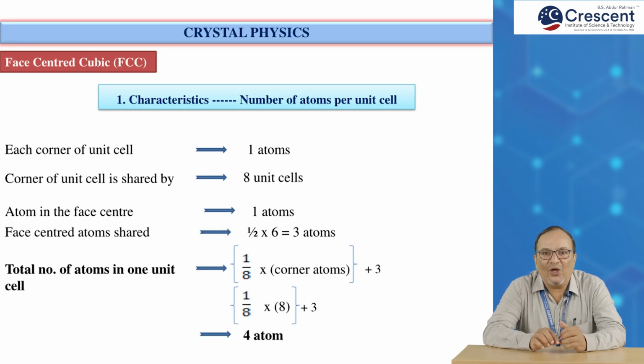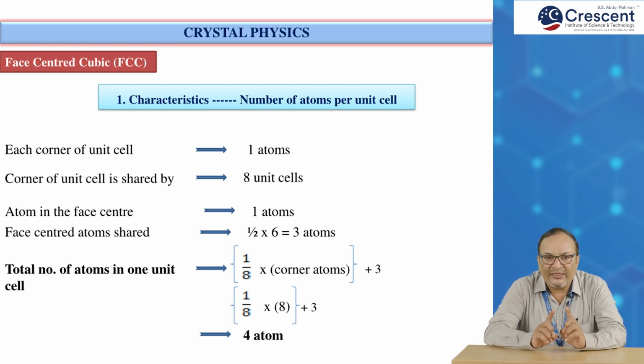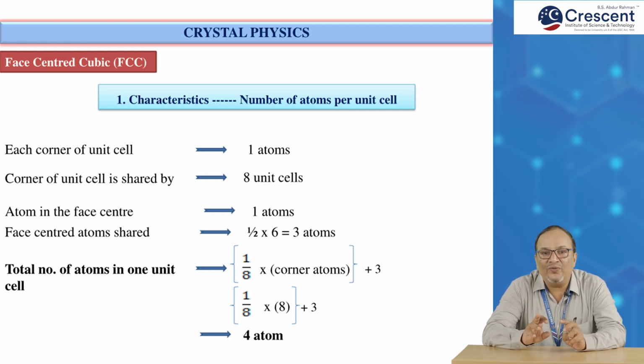Can you see here how it is calculated? Each corner has 1 atom, so 8 atoms are at the corners. Each face-centered atom in an FCC is shared by 2 unit cells. That is, half the atom lies in one unit cell and half in the neighboring unit cell, so 1 by 2 is the sharing of a face-centered atom.